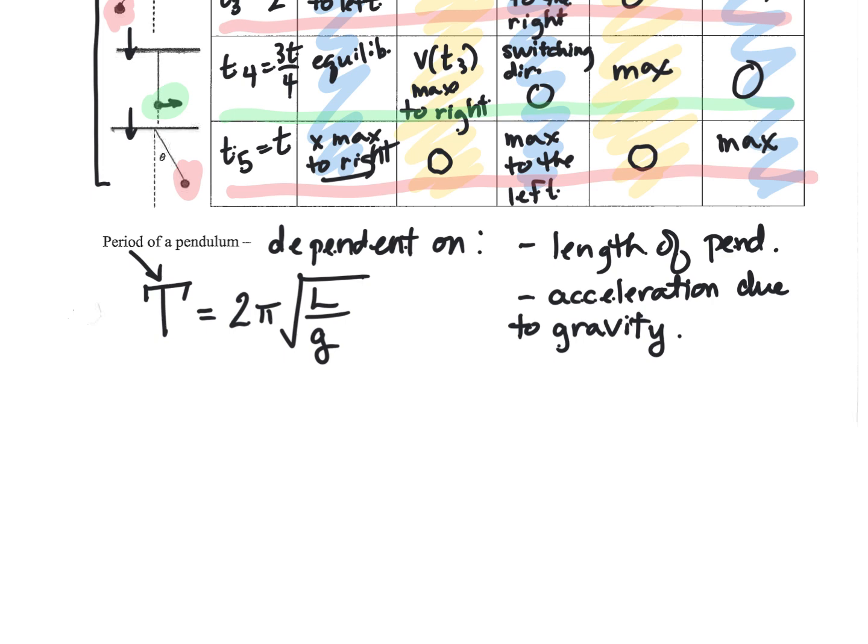It's going to be pulling it back down faster, isn't it? So that shortens the period. The longer the string is, the higher. So as L goes up, the period goes up. But as G goes up, the period goes down, gets shorter. And it does make sense if you think about it.